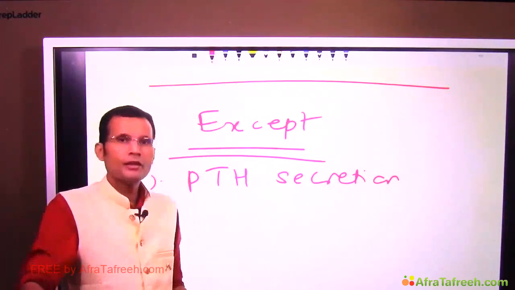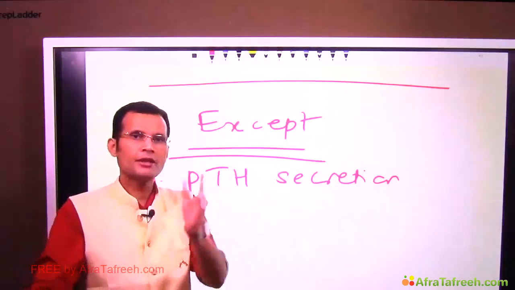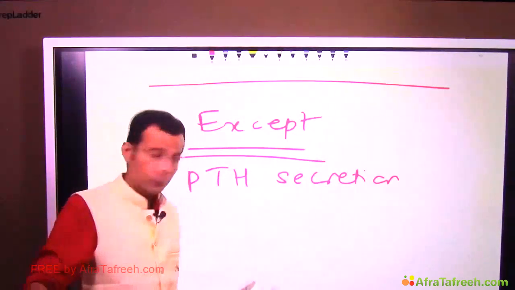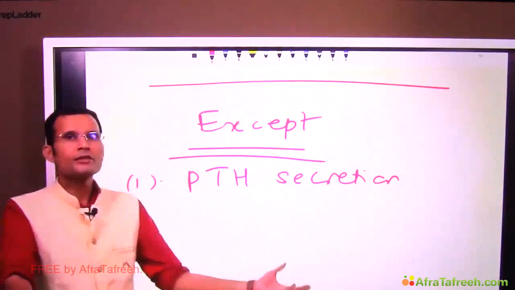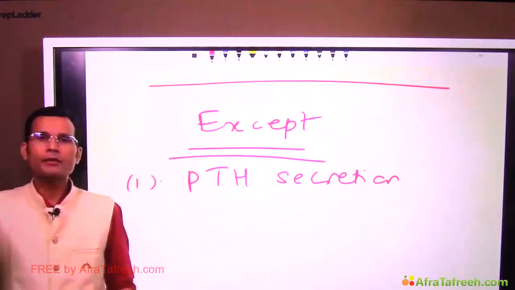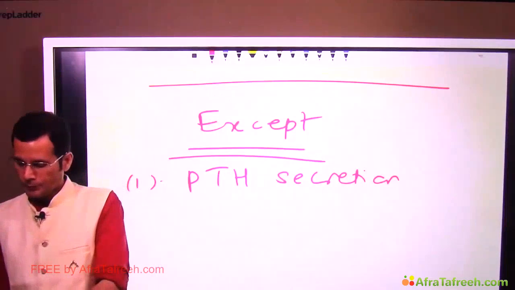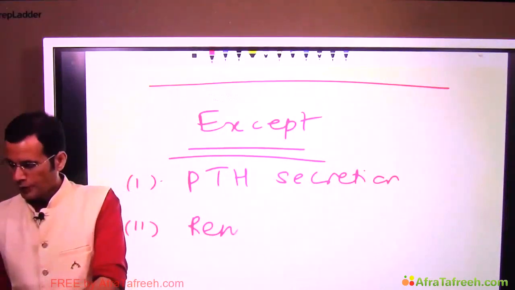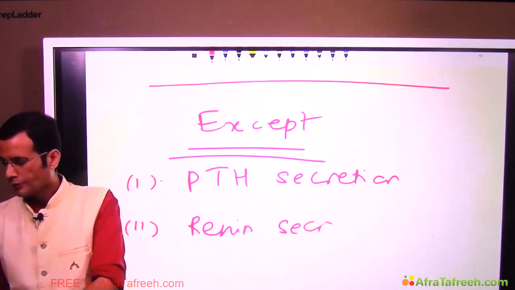Intracellularly, the signal is in the form of a decrease in intracellular calcium. And then the parathormone secreting cell will release the parathyroid hormone, and it will then elevate the calcium levels. Another example is renin secretion by the JG cell.